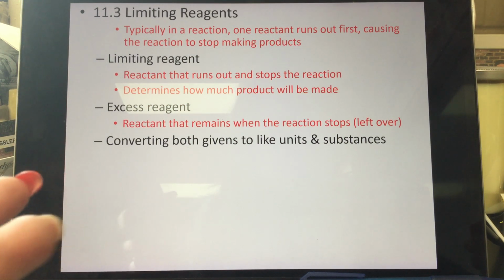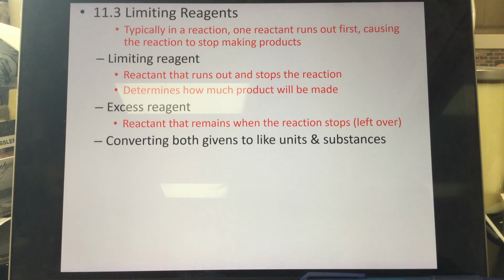It's kind of like the saying of can't compare apples to oranges. So we have to convert the apples to oranges. So we have to have both the same type of units and the same substances. And again, there's different ways you can do that, but as long as in the end, to figure out which one is your limiting and which one is your excess reagent, you're comparing like units of like substances, then you can figure it out.